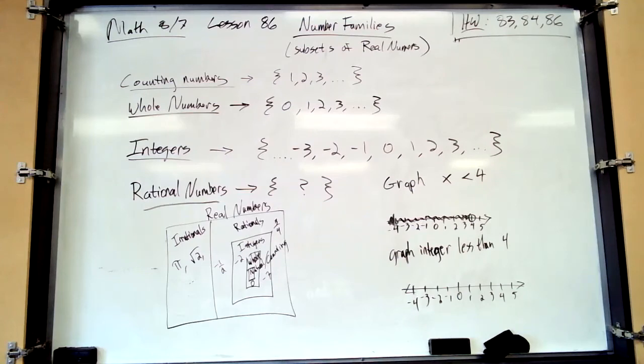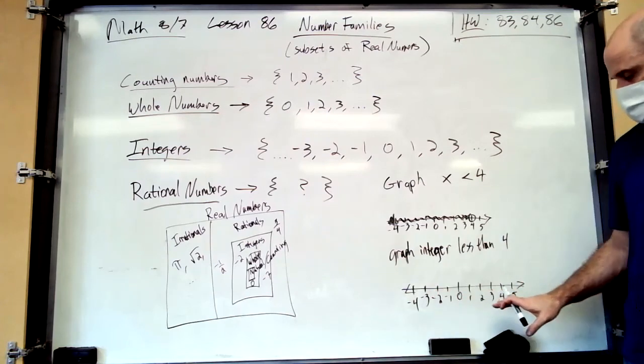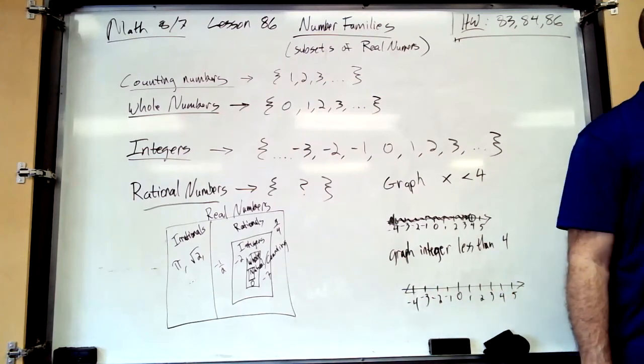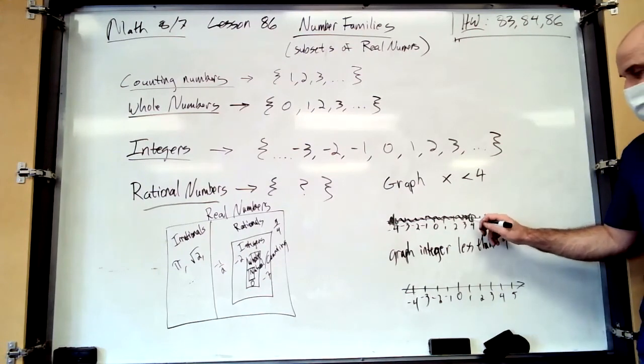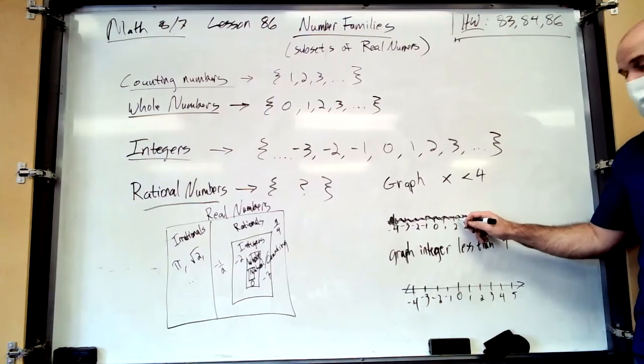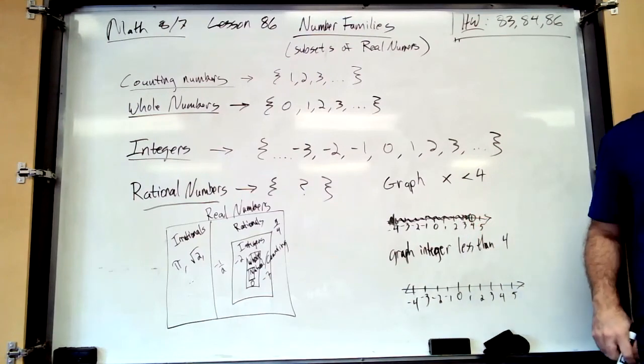You shade all the negative numbers. Okay. Well, remember, all the integers are positive numbers too. Then you shade everything less than 4. So just like this? Yeah. But see how we're shading like 2.5 and 2 1/4. We don't want to shade those.